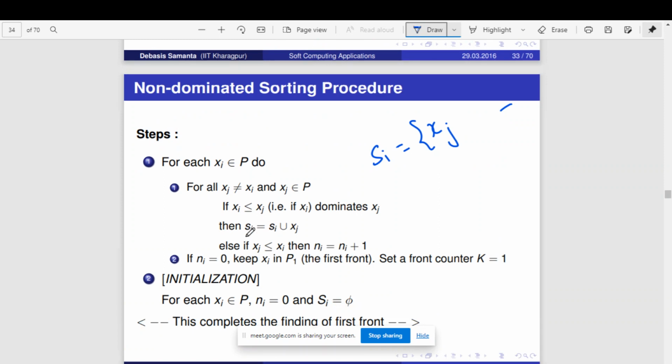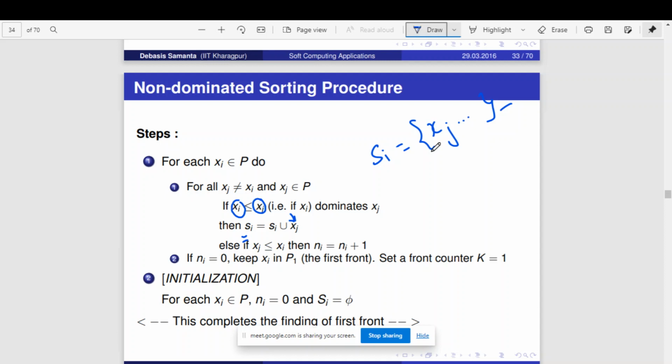This small si, if you see properly, if xi is dominating xj, then we are adding xj to si. So who is dominating whom? Xi is dominating xj. So whoever is added in this list, they are dominated by xi, right? But what should be ni?